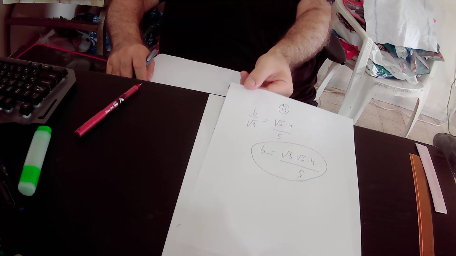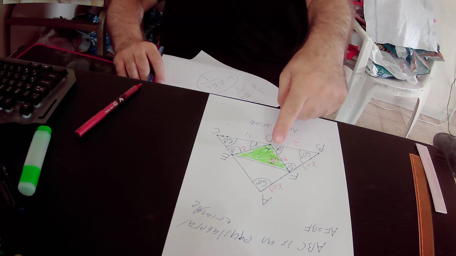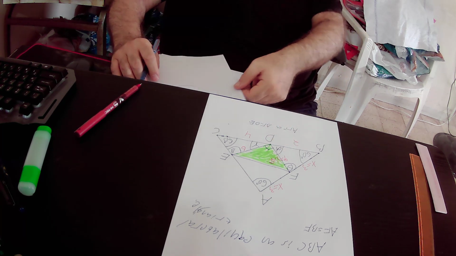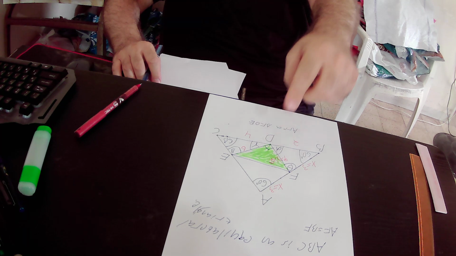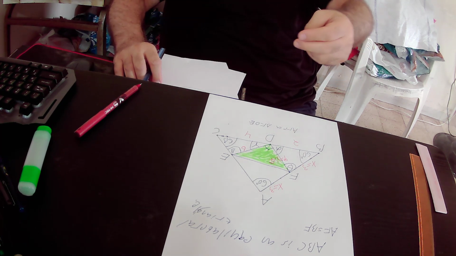But we have already found out that the value of a is root 7, and the area of any triangle is the base of the triangle times the height to the base over 2.